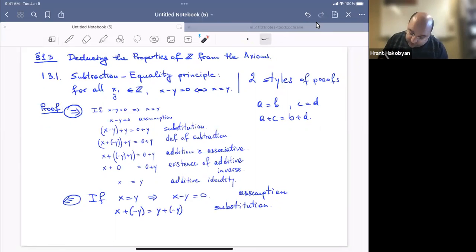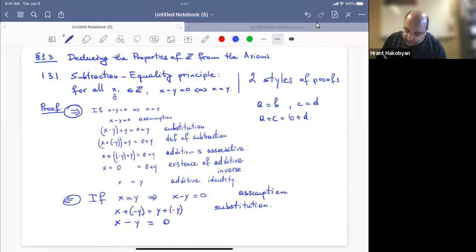That means because x equals y, and negative y is equal to negative y, I can add this to both sides and I get the same answer. But the left-hand side, by the definition of subtraction, is just x minus y, and by the axiom for the inverses, the right-hand side is equal to 0.